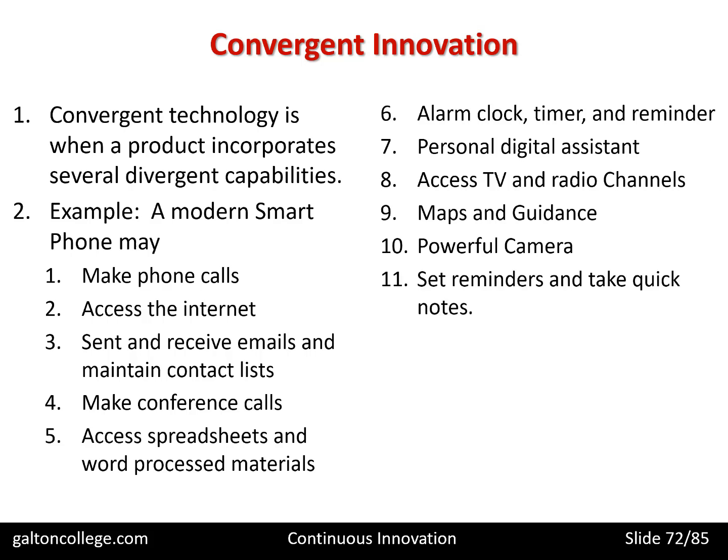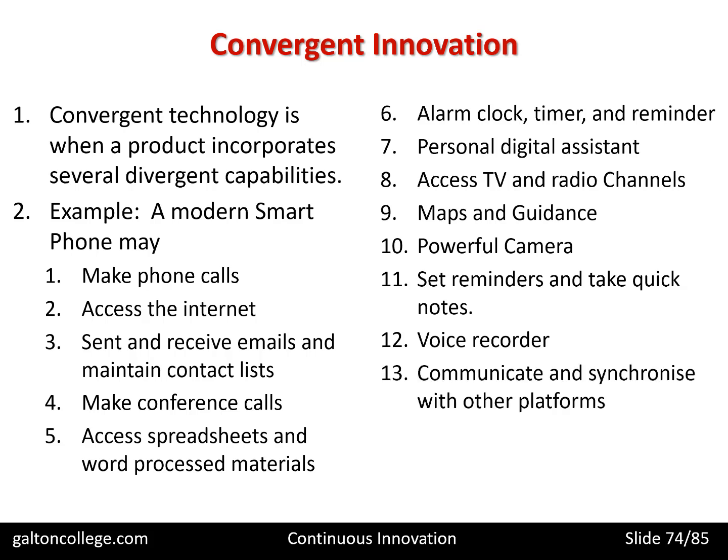It has a powerful camera. Set reminders and take quick notes. Shopping list. And bring up a shopping list very fast and amend it as we go through. It has a voice recorder, perhaps. We can take quick notes to ourselves, memos, communicate and synchronize with other platforms.